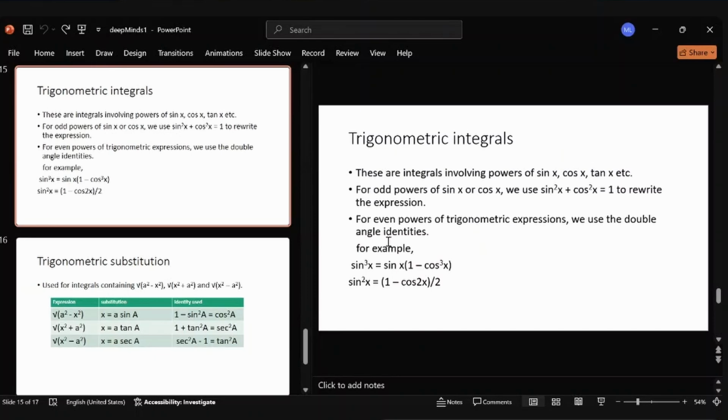We have an example here: 3 is an odd power, so we use the trigonometric identity to rewrite it. For even powers, we use the double angle identities. I'm quite sure at the level that you are on, we've used them before. Maybe right now it's more like a recap.